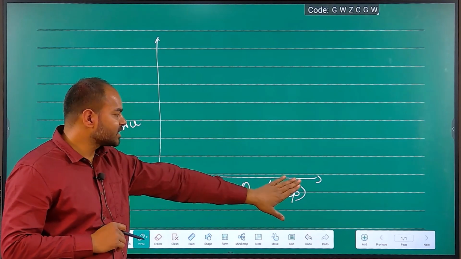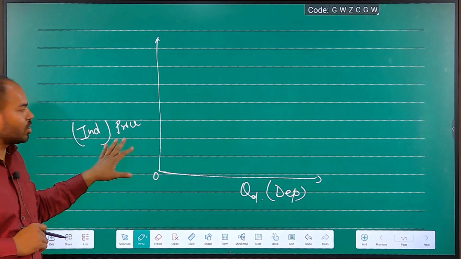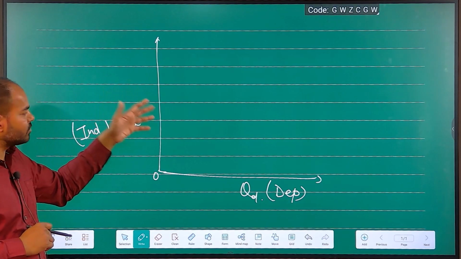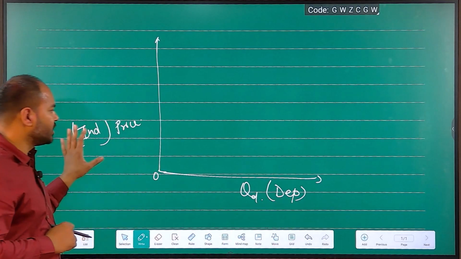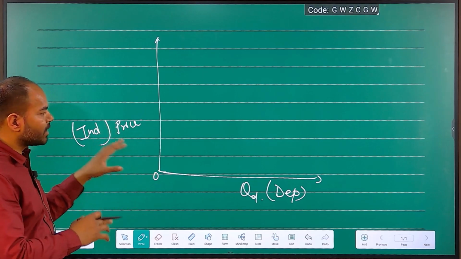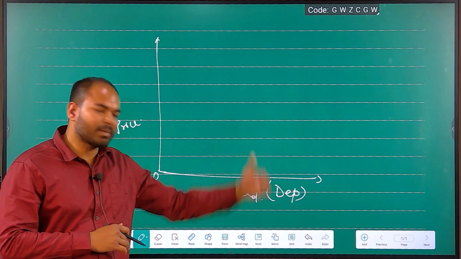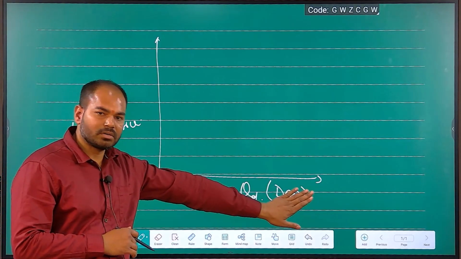On the x-axis we keep the independent variable and on the y-axis we draw the dependent variable, but in our analysis of the demand curve we are keeping the dependent variable on the x-axis and the independent on the y-axis. You need to remember this. Other than the law of demand and law of supply, whatever graphs we study in future under microeconomics, you will see that I am keeping the independent variable on the x-axis.